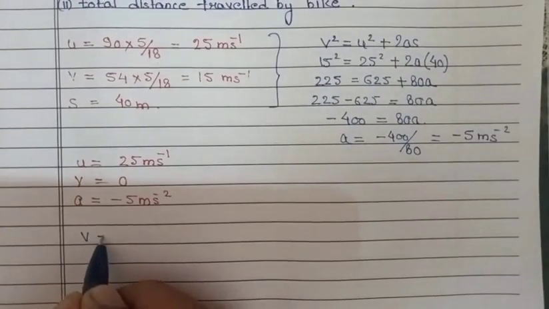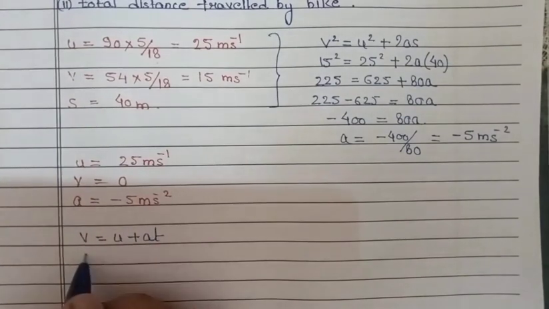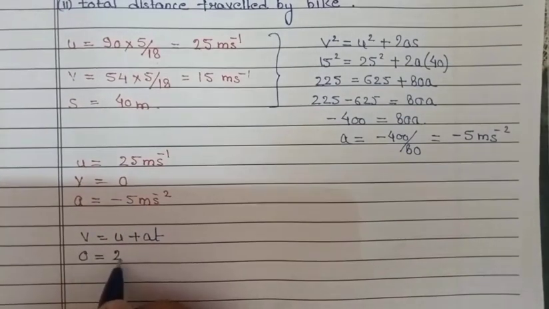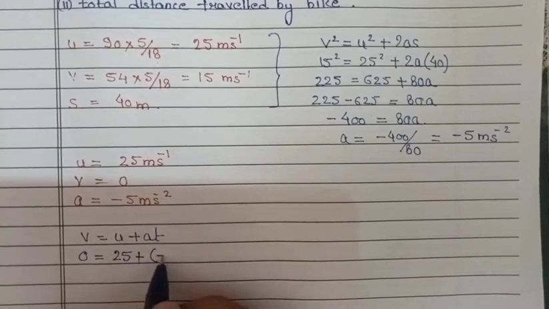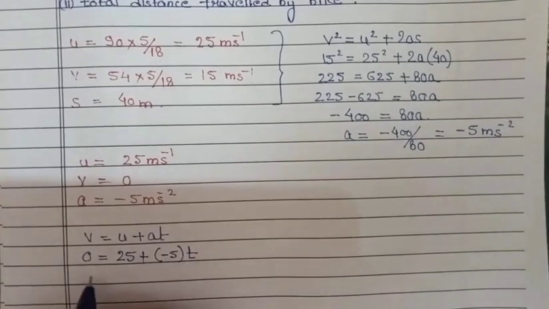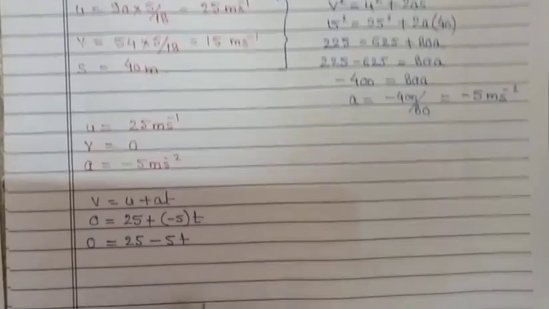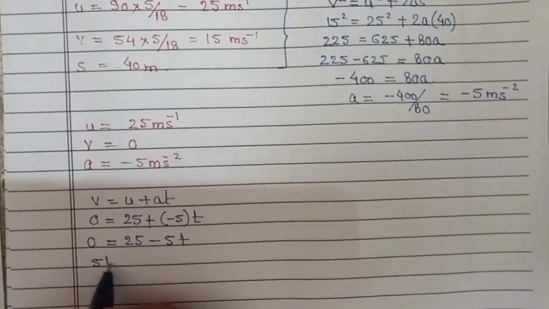We will be using the formula v is equal to u plus at. Here v is 0, u is 25, and the acceleration is minus 5, and we have to calculate the time. So 0 is equal to 25 minus 5t. So we are getting 5t is equal to 25.